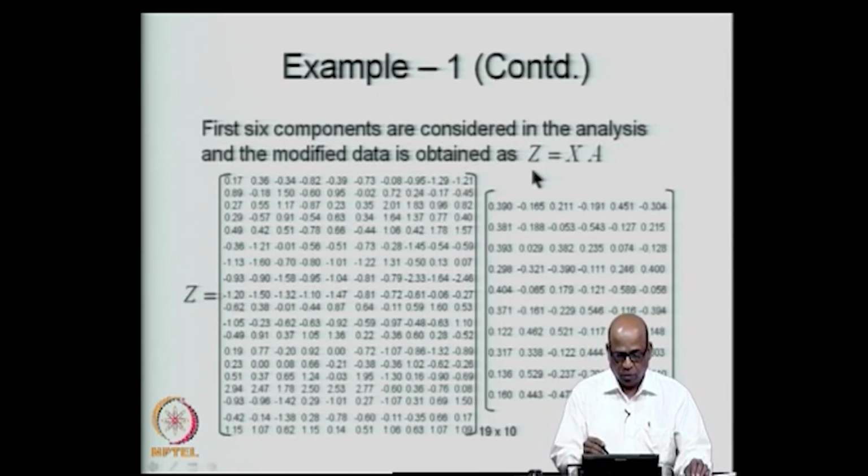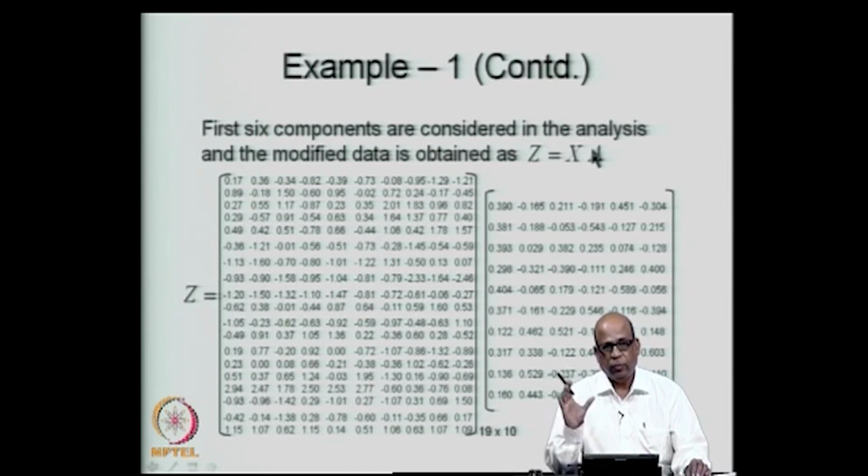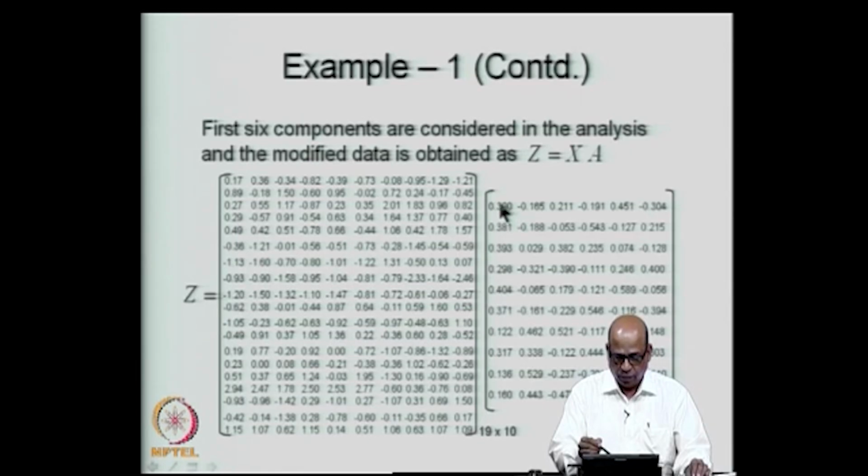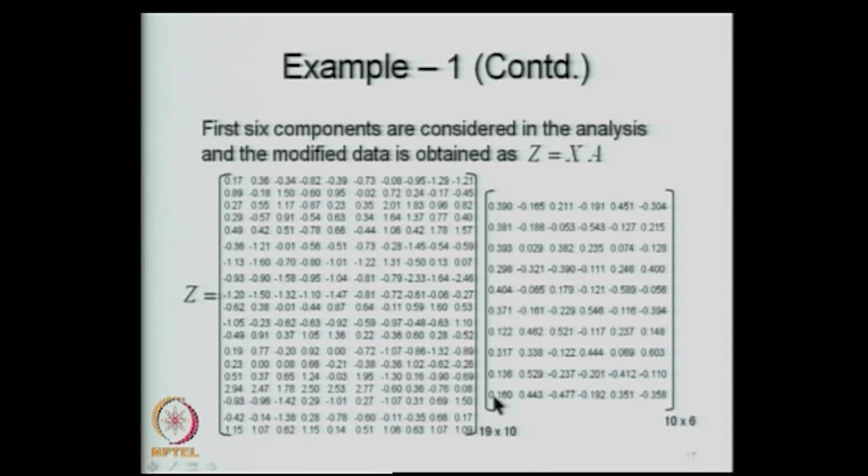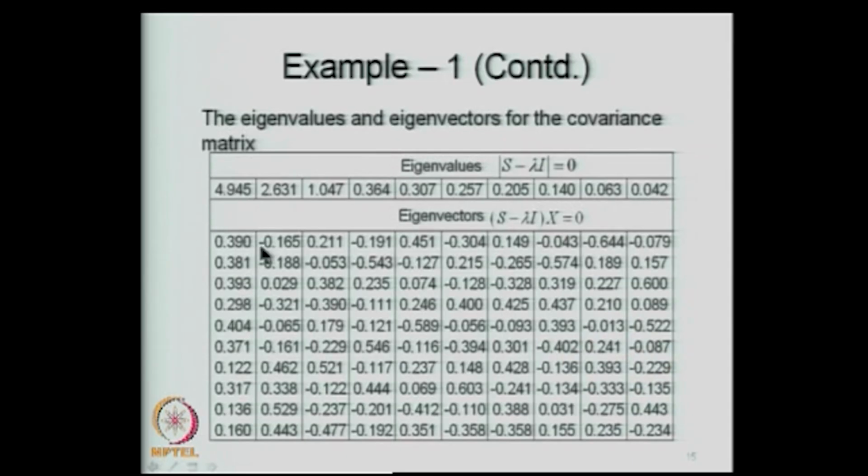So, what we are doing now is Z equals X A, where A holds the principal components, and we are using only the 6 principal components. So, A is a matrix of 10 by 6. Look at this now: the first column is the first eigenvector, which is the first principal component, then the second principal component, third principal component, etc., up to 6.